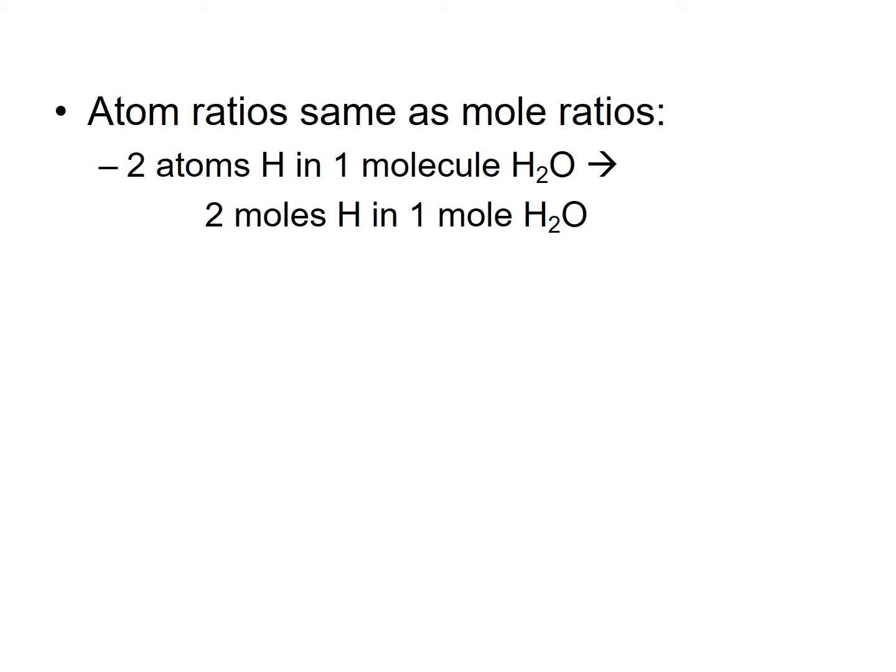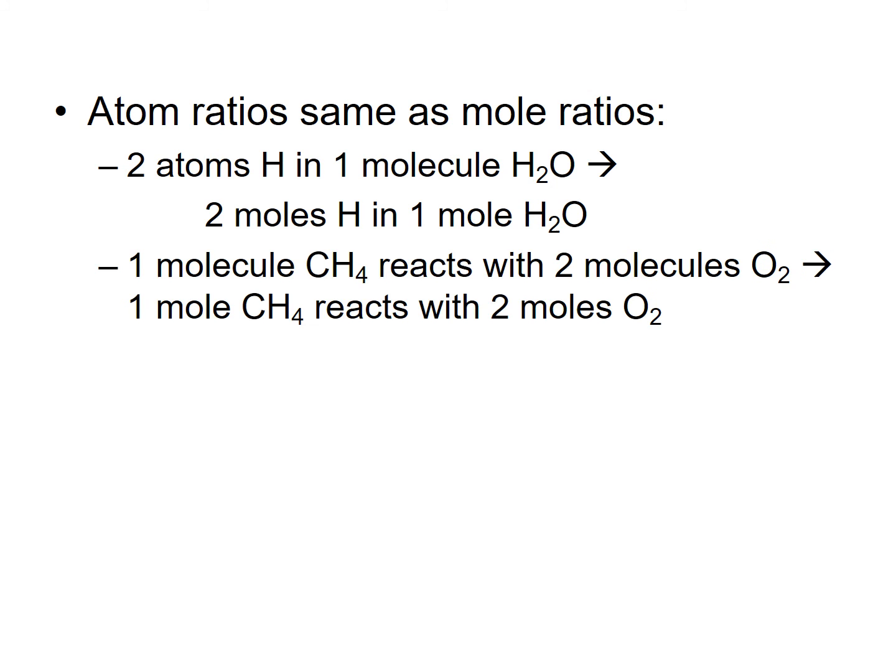And so wherever I have a ratio of atoms or molecules on the individual molecule level, I can express that same relation for moles. And this is particularly useful in chemical reactions.